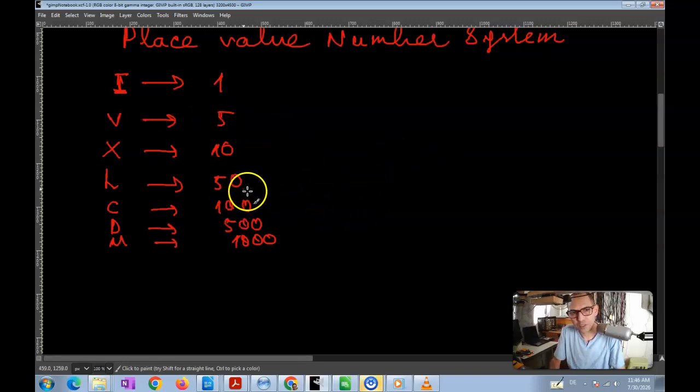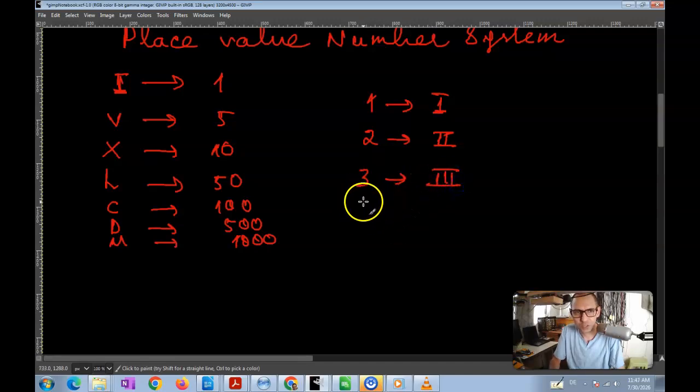So in this number system, the way that you write your numbers is, if you want to write a 1, you would write the I like this. If you want to write a 2, you would put 2 of these together. If you want to write a 3, you would put 3 of these together. If you want to write a 4, you would expect to put 4 of these together, but that's not the case.